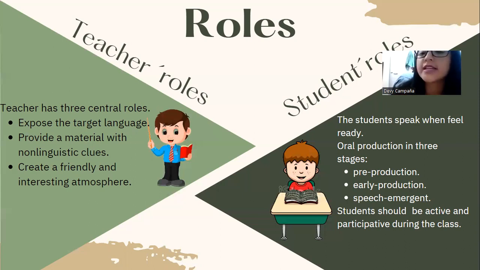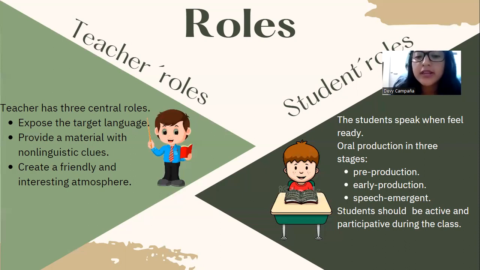In the second stage, we have early production. In this stage, students respond to simple questions using single words. For example, they can respond to questions such as what is your name, how are you, or something like that. In the third stage, we have speech emergence.